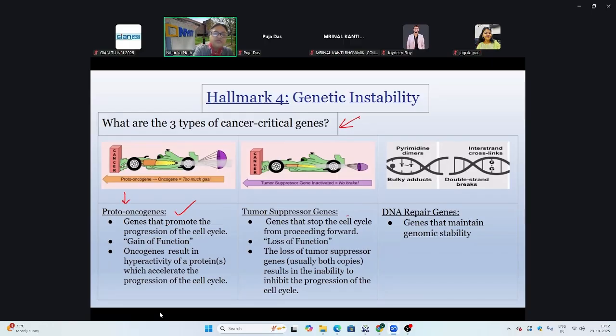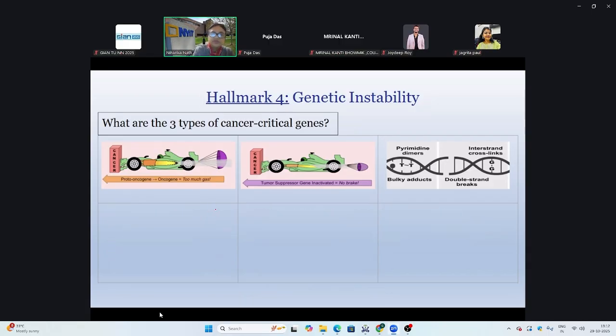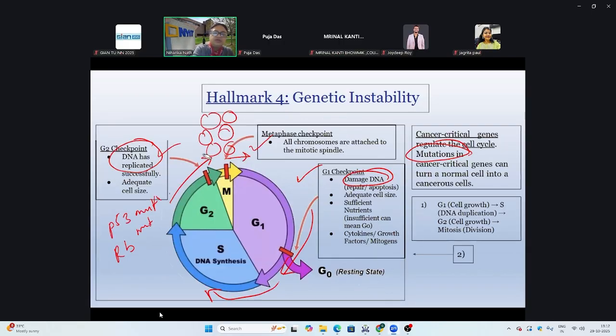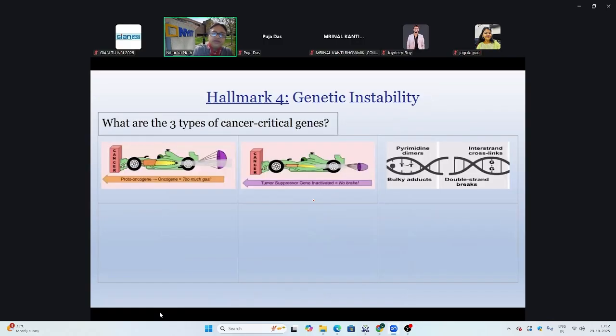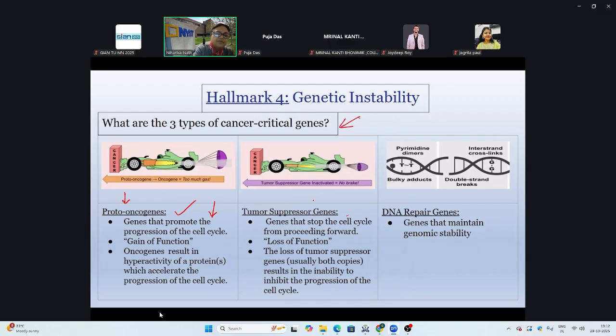A proto-oncogene is a gene that promotes the cell cycle. Its job is to tell the cell to keep going. Not keep going like crazy, but to keep going. So we have normal proto-oncogenes and they keep working. They're the ones who tell the cell to cycle: one cell divides to two, following the protocol.